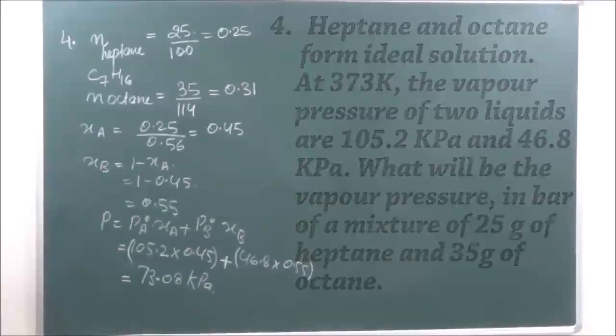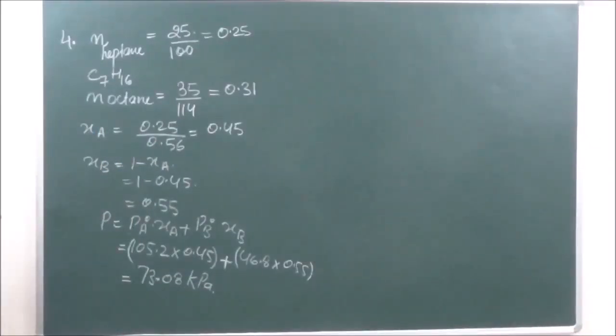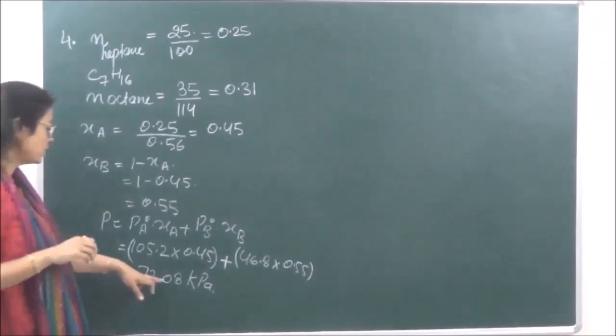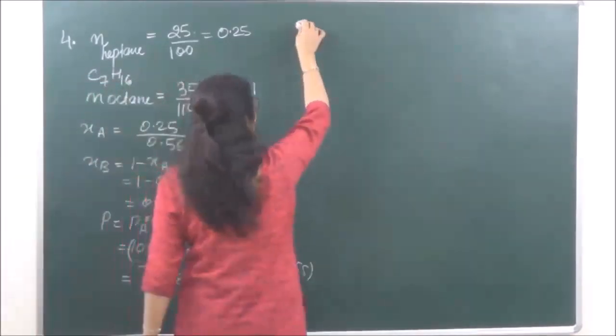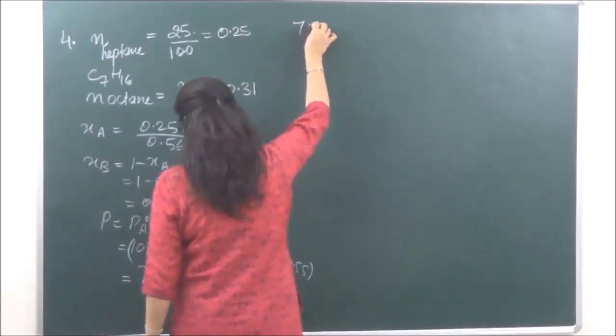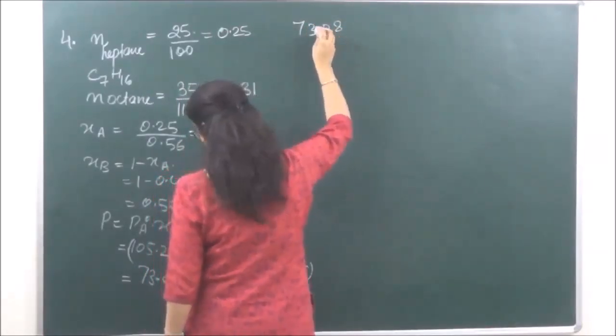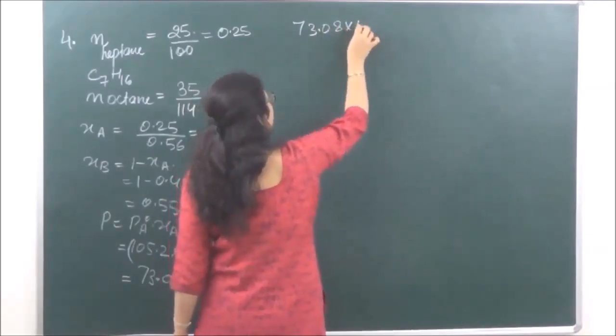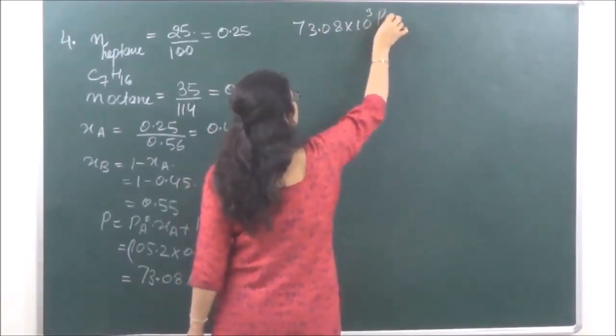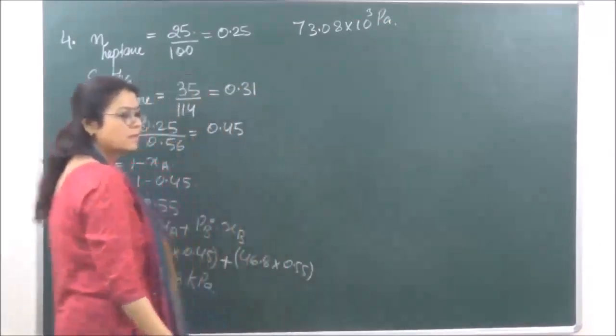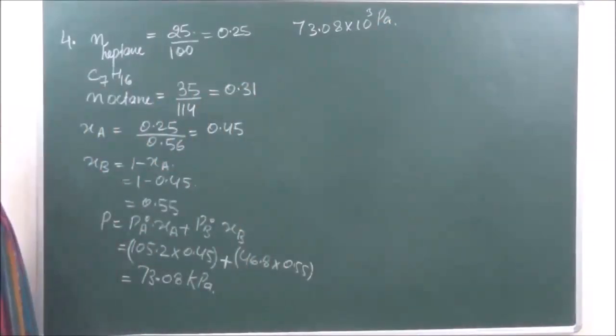Okay, but now we have to convert this into bar. So 73.08 kilopascals will be equal to 73.08 into 10 raised to power 3 pascals. Right?